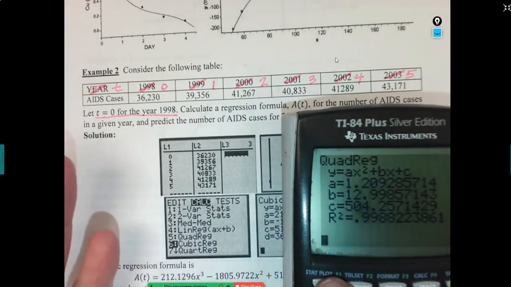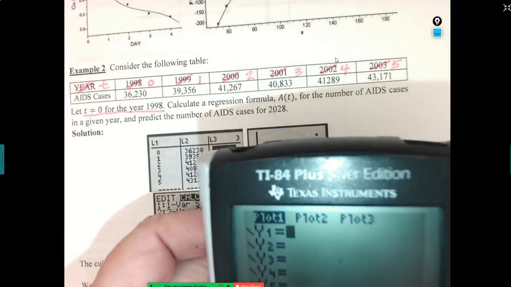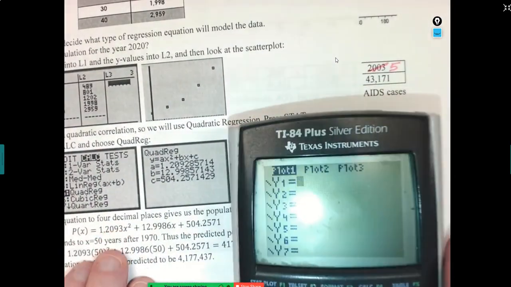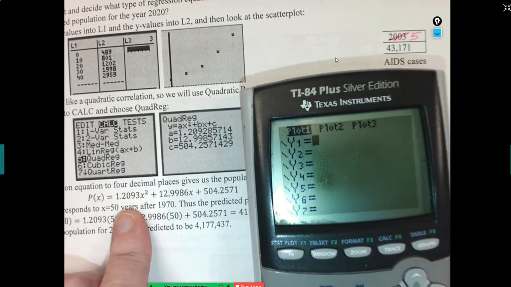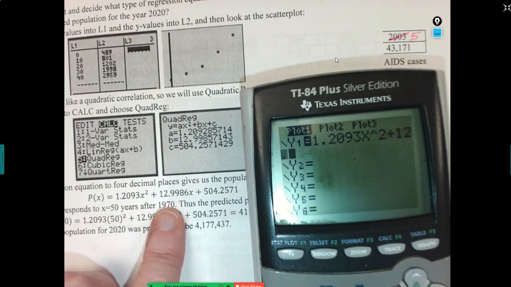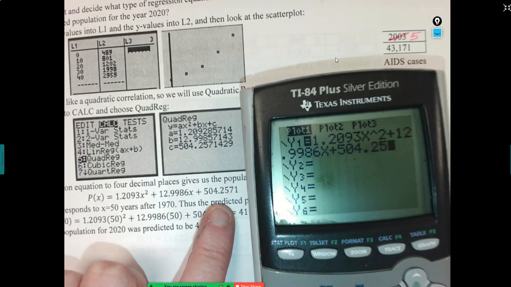So I'm going to go to y equals, and I'm going to clear out any old data. Oh, okay, I don't need to clear out any old data. Well, that was the last thing I wanted to do on this one. Let's just check it before I clear everything out. Let's put this in here: 1.2093x squared plus 12.9986x plus 504.2571.